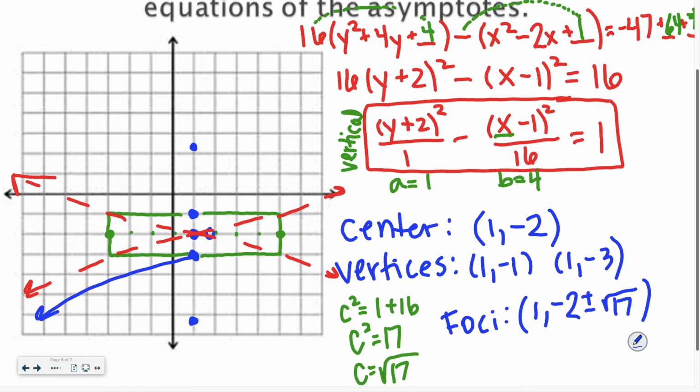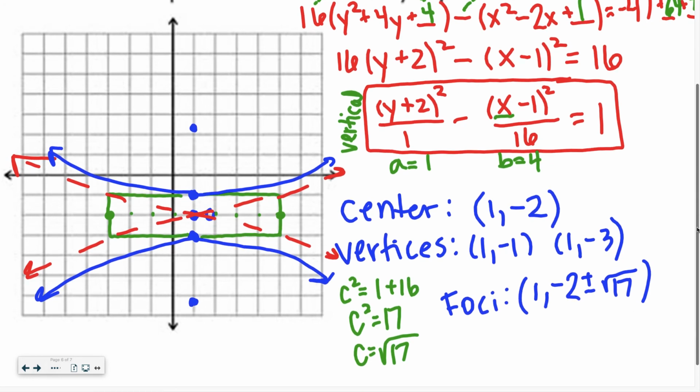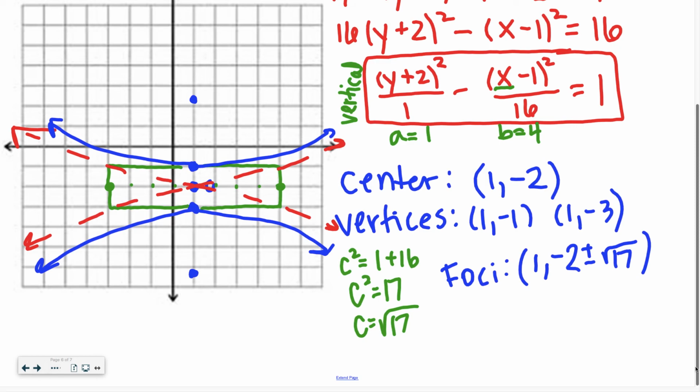So our vertical hyperbola is going to look like this. We're going to approach those asymptotes. And our last job would be to identify the equations of those asymptotes.